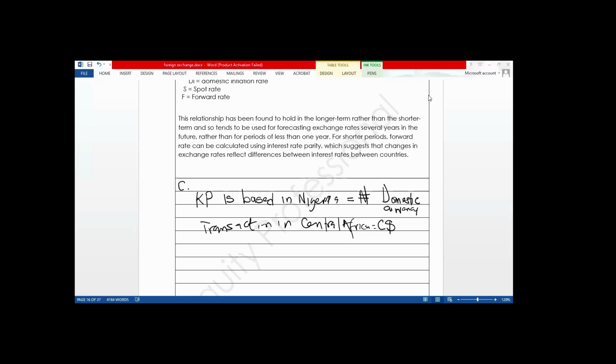this company is based in Nigeria. Therefore, Nigerian currency is the domestic currency. Naira becomes our domestic currency. We have transactions in Central Africa. The currency is central dollar. Therefore, central dollar is the foreign currency.